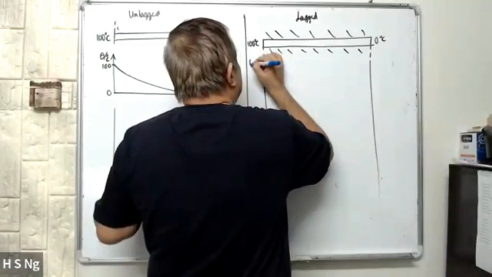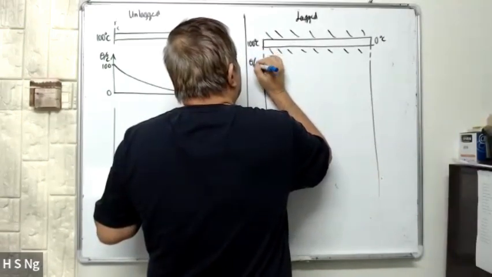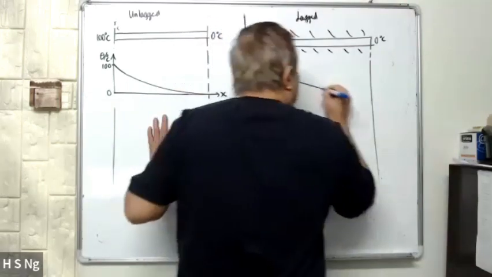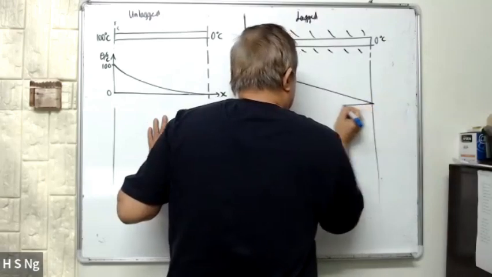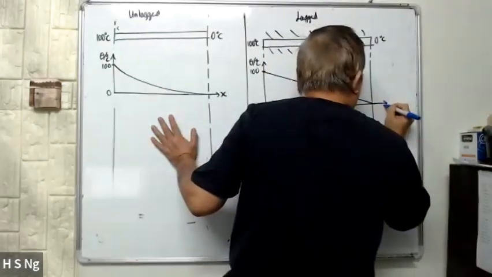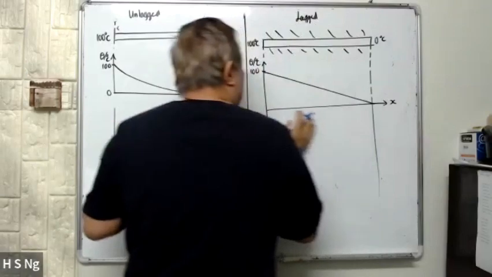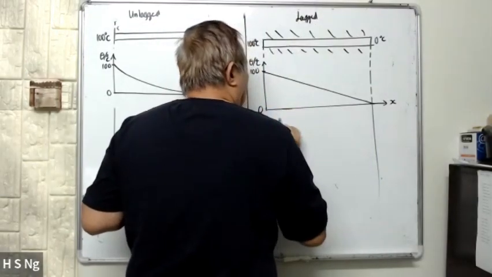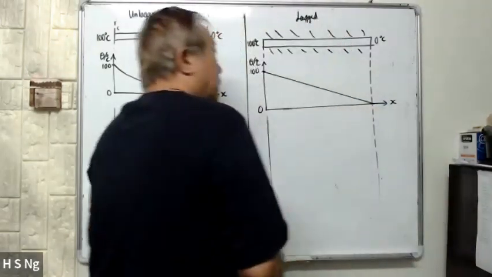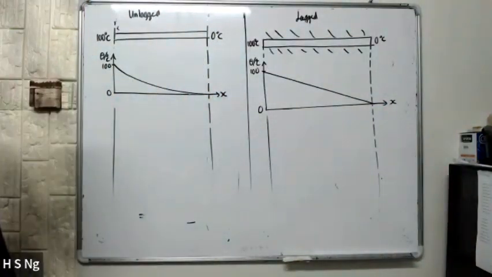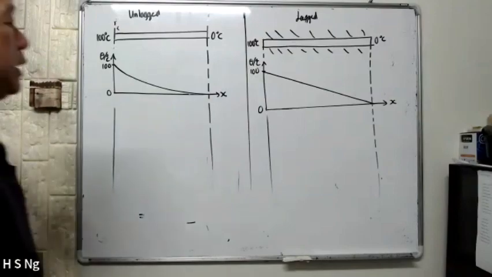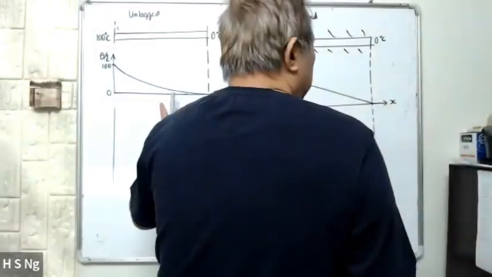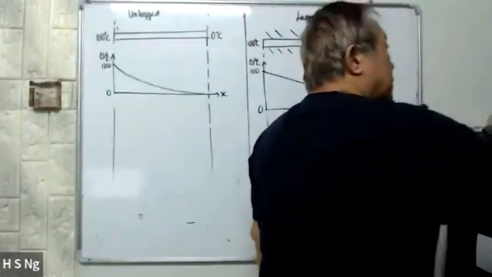Whereas if you draw for this, you'll find that it will be like that. Now the reason the graph is like that is because there is heat loss.